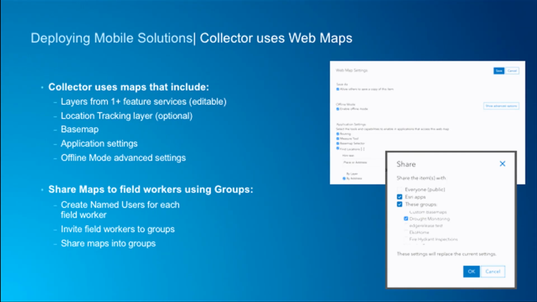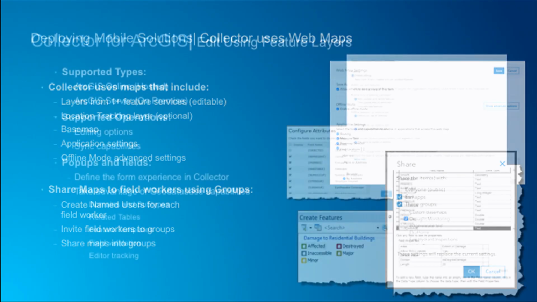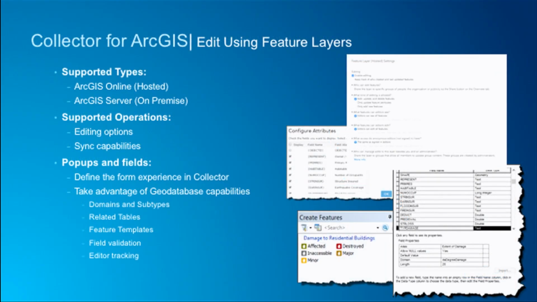So as you share maps out to specific groups, those users that are members of those groups can download and use it. I'm sure you're all aware that Collector also requires that the named user be a level 2 named user to use it. So really going over some basics for you.